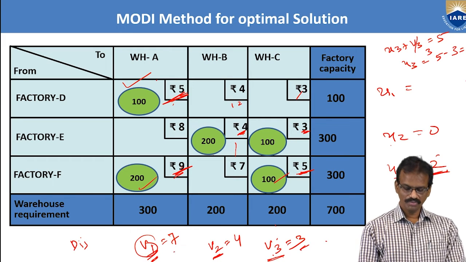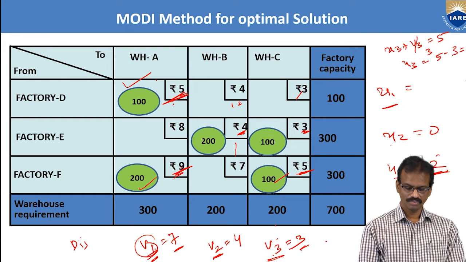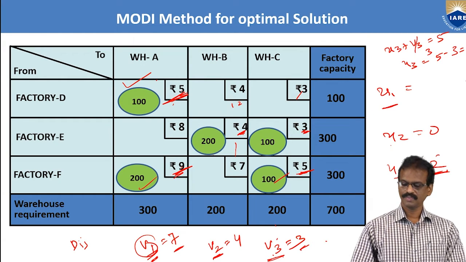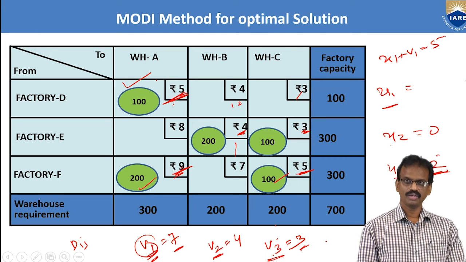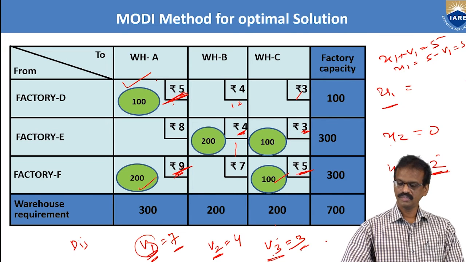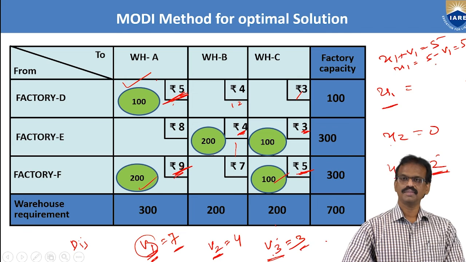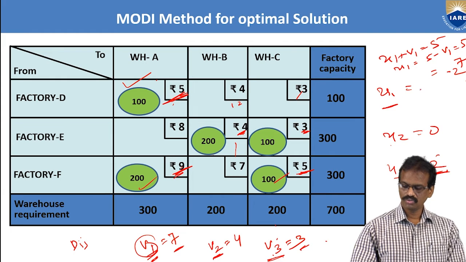If v1 is equal to 7, then you can find out u1 also, because u1 plus v1 is equal to 5. So u1 is equal to 5 minus v1, which is 5 minus 7, equal to minus 2. It means u1 is equal to minus 2.